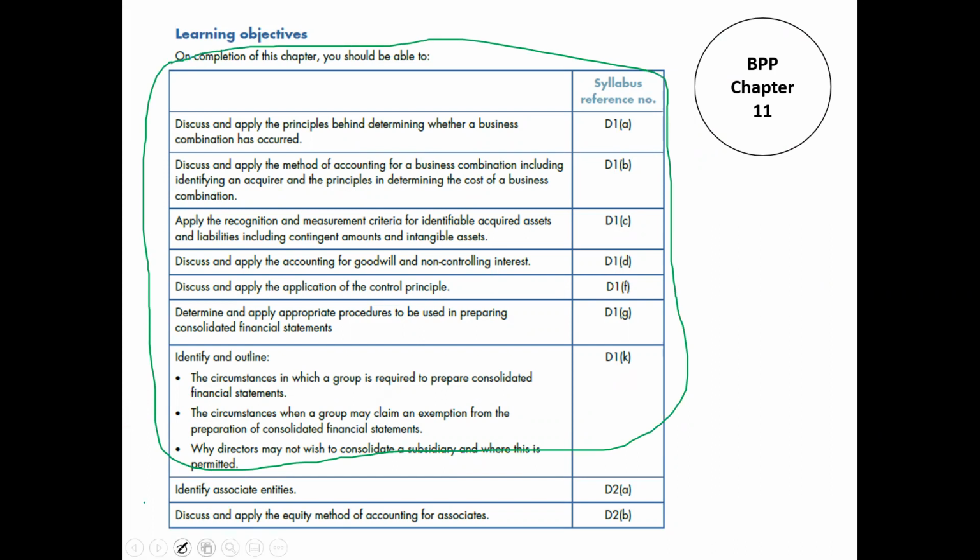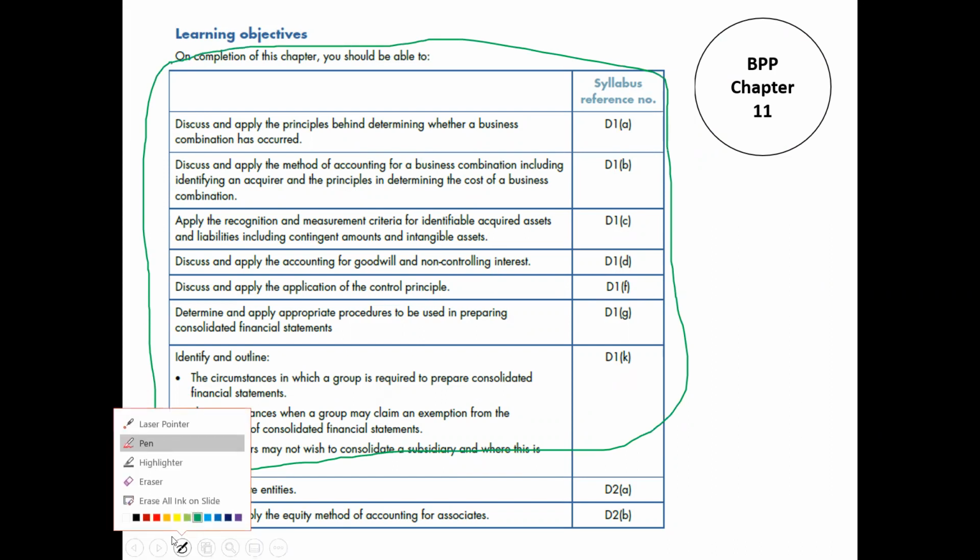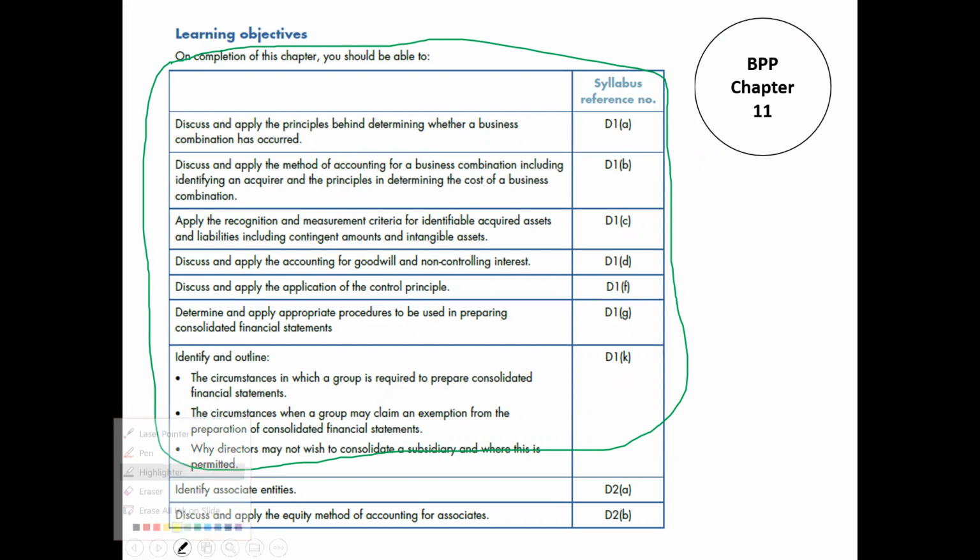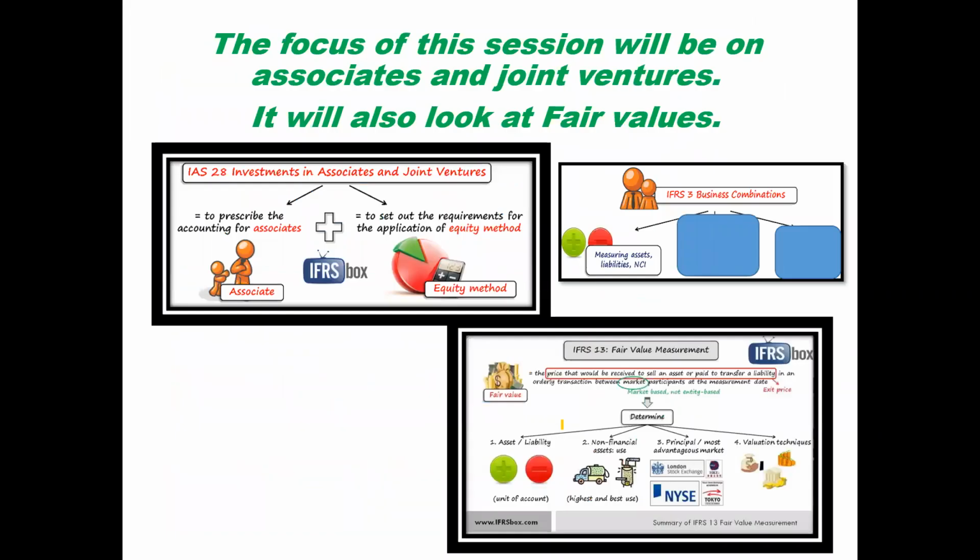What we need to be able to do is identify an associate or a joint venture, and then apply the equity method to account for an associate, and we will get into what that is specifically. The main thing I need to see is that investment in associates or joint ventures is set out, and we need to apply the equity method to account for them in the consolidated financial statements.